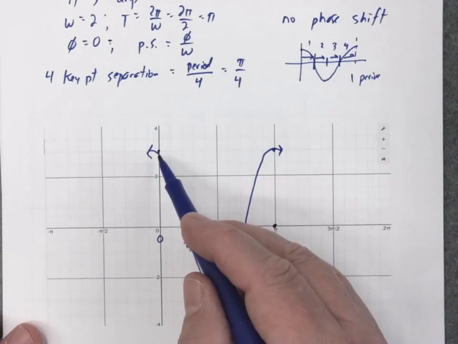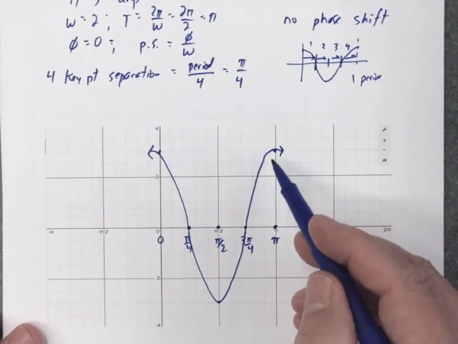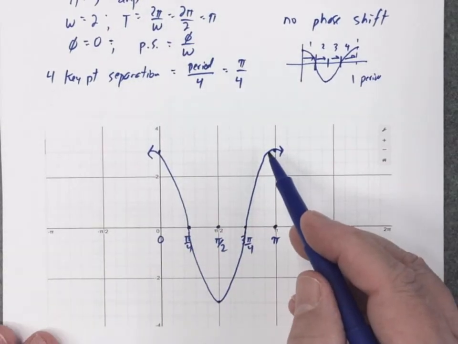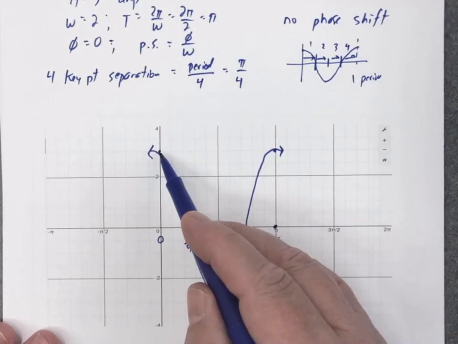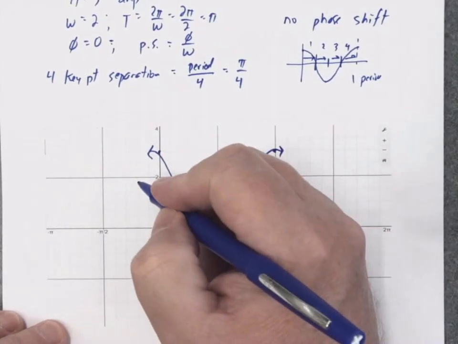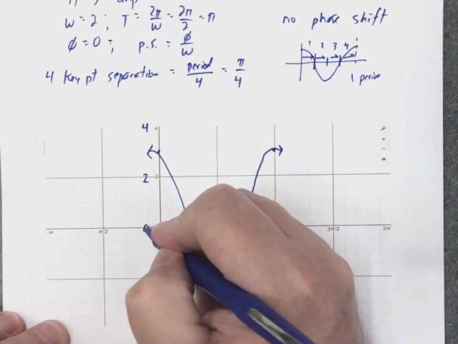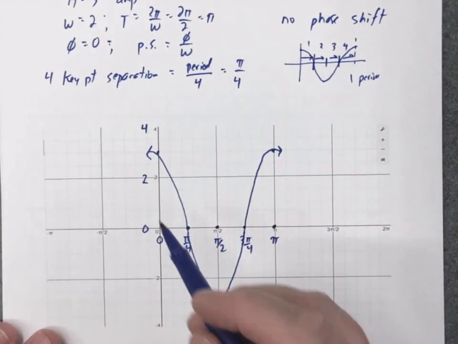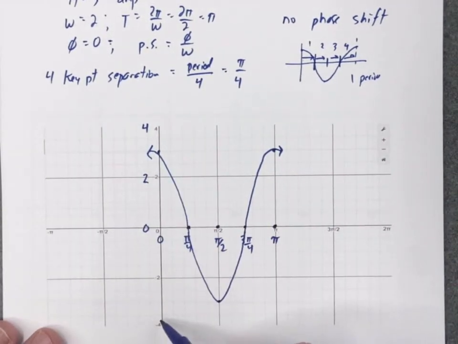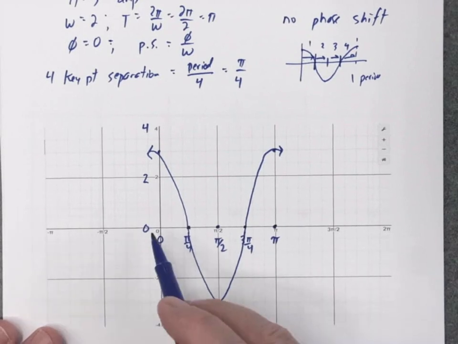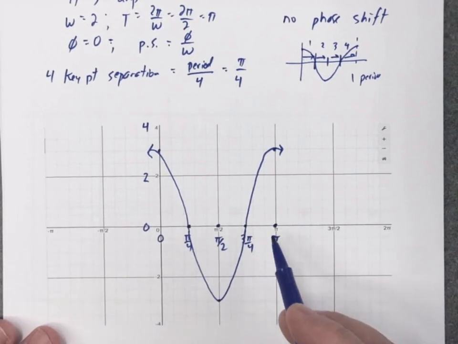So this is a cosine, starts high, goes low, finishes high. Amplitude's 3, right? Goes from 3 to 3. In case you can't see, this is 2, this is 4, this is 0. So it goes from 3 to negative 3. And the period is from 0 to pi.